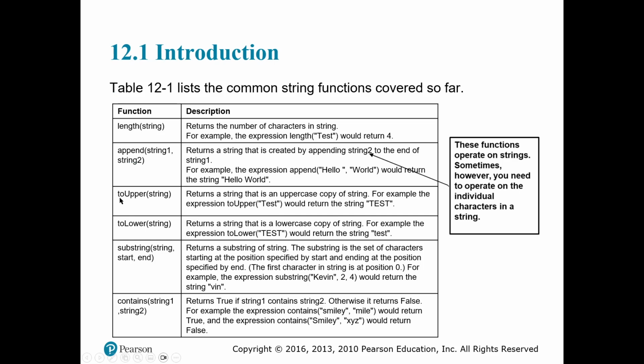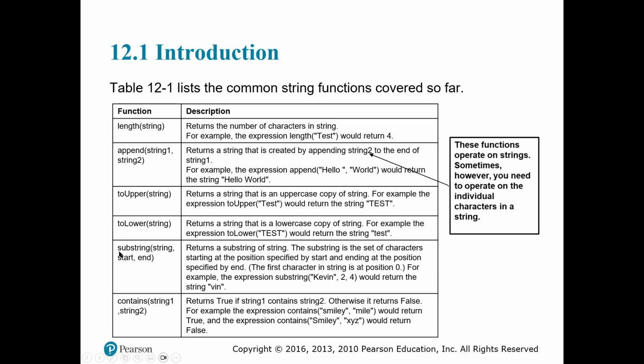The other two, toUpper and toLower, do exactly what the name says. ToUpper will return an all uppercase copy of the string that you input, and toLower would return a full lowercase version of your input string.